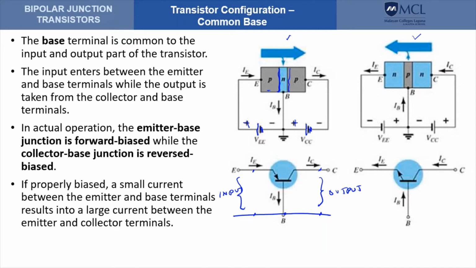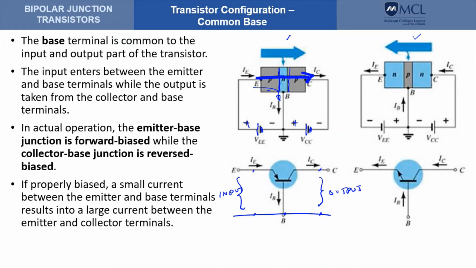Now, in a properly biased transistor, a small current between the emitter and base terminals, for example a small current that flows between the emitter and base, will result in a larger current from the emitter to the collector terminal.